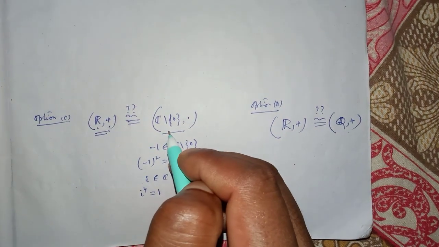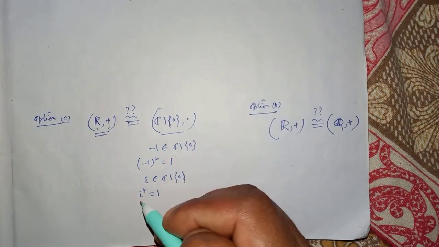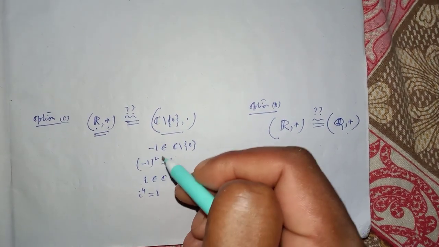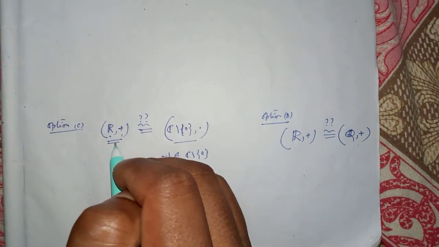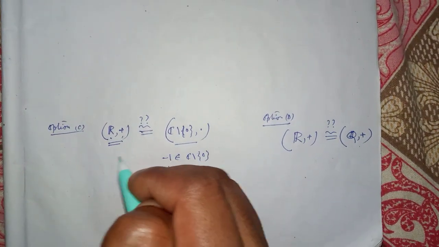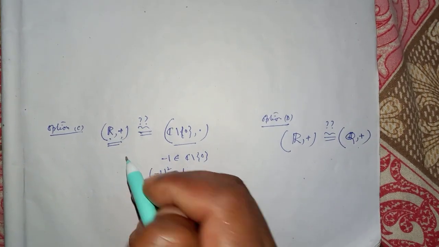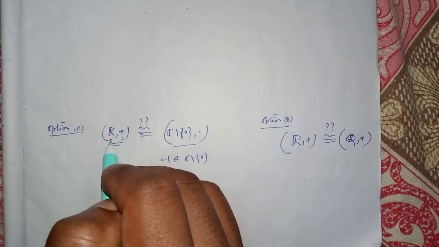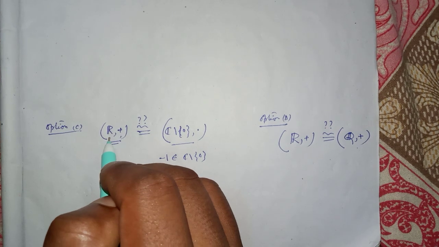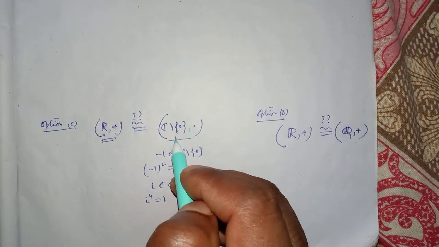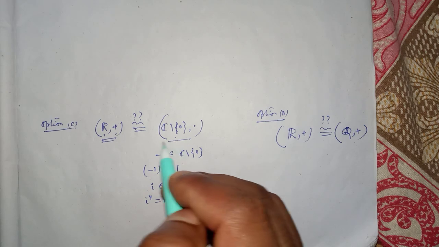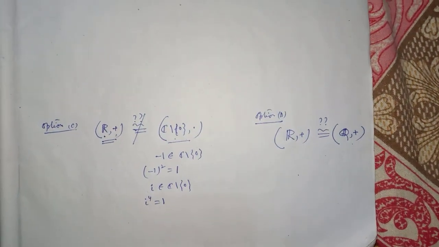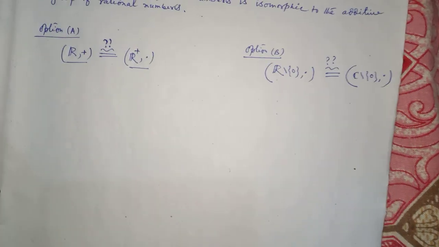So in this group there are some elements of finite order, but in the other group there does not exist any element of finite order. So the additive group of real numbers and the multiplicative group of non-zero complex numbers are not isomorphic. So option C is false.